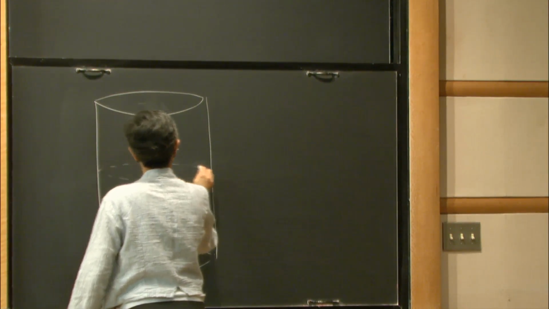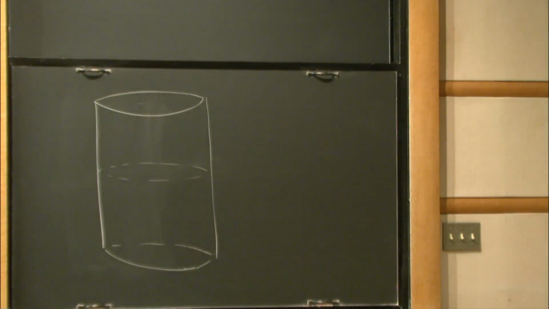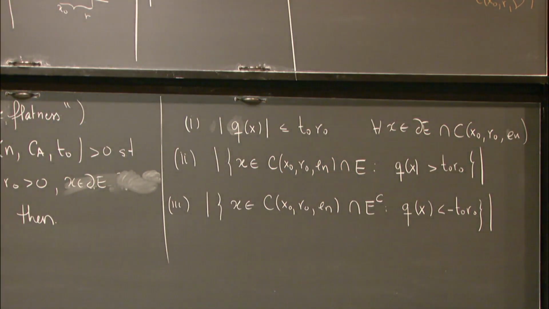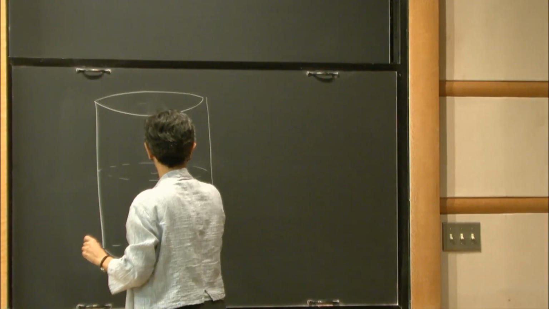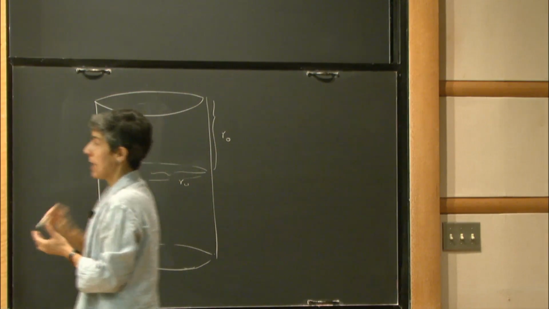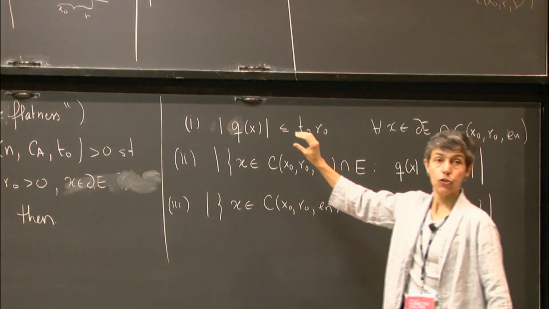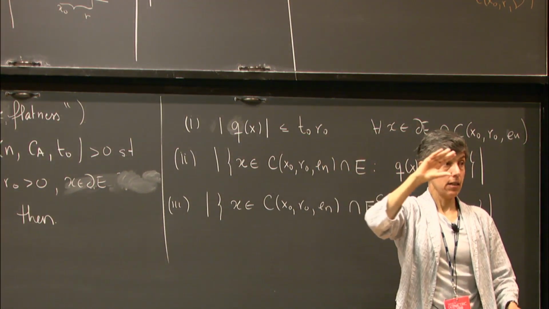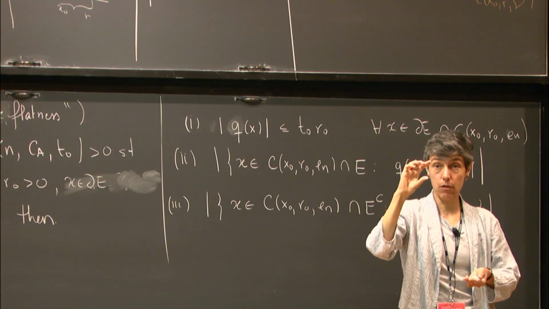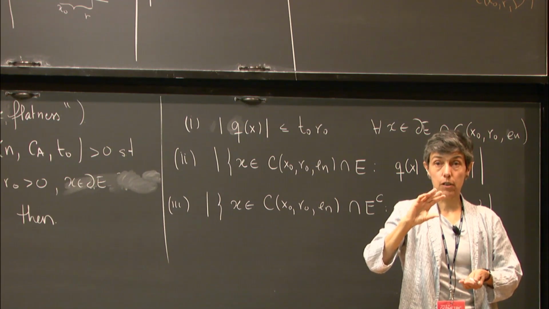First statement tells me the oscillation is small. Then when I draw the boundary, if this is R0 and this is R0, my boundary is stuck in the place where the height is bounded between T0 R0 and minus T0 R0. Correct?